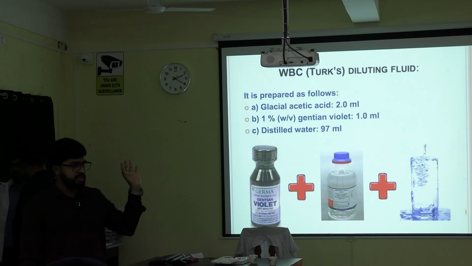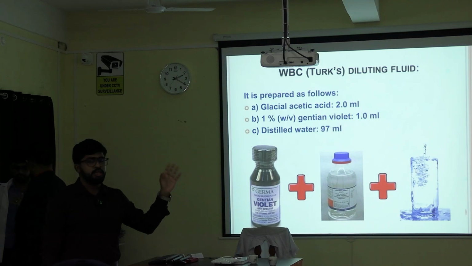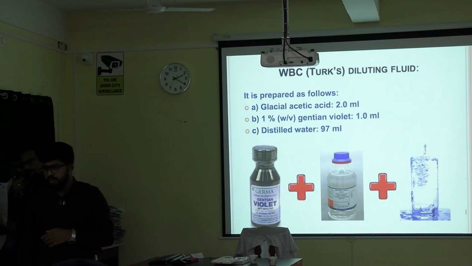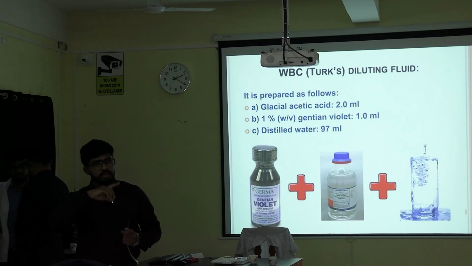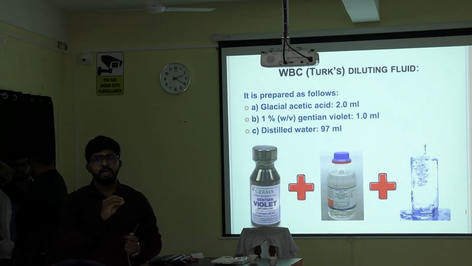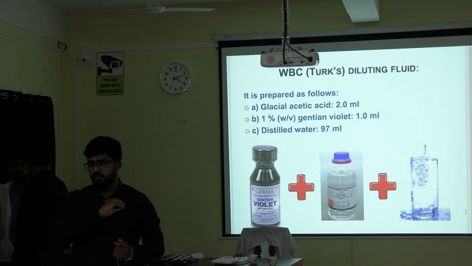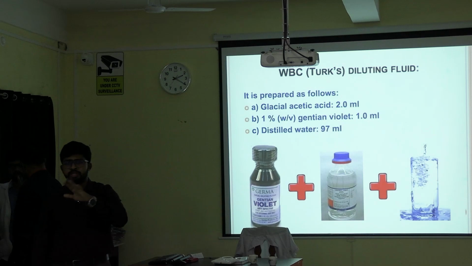Because the cell gets lysed, only the nucleus is present, and this nucleus can be seen by staining with gentian violet. So once all the RBCs are destroyed, and all the layers of the WBCs are also destroyed, the only thing left is the nucleus, which is stained by gentian violet. Then there is 97 ml of distilled water, which is a solvent.